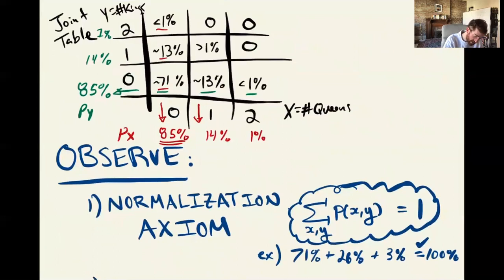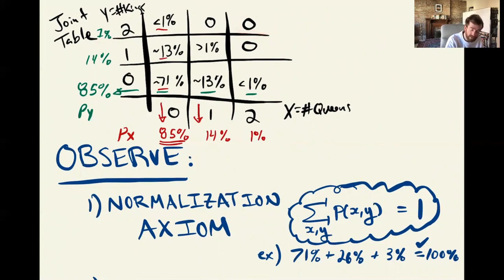So notice here I've got probability that x equals 2 is 1%. The probability that y equals 2 is also 1%. So if x and y were independent, then I would say that probability that x equals 2, y equals 2 is 1% times 1%. But that's not 0.